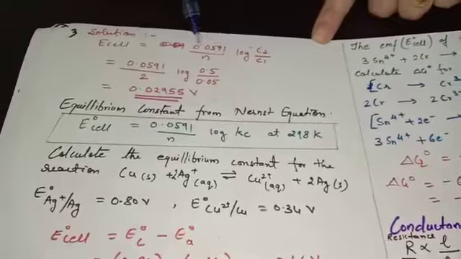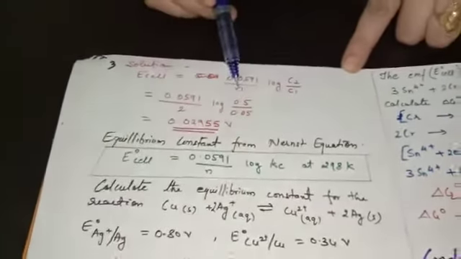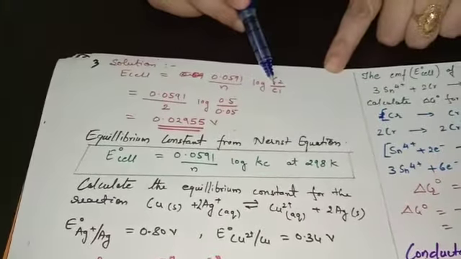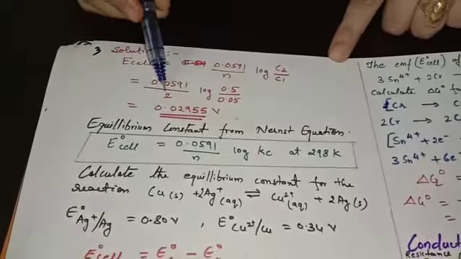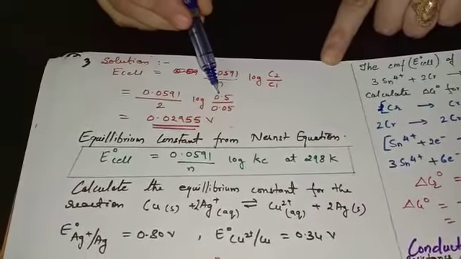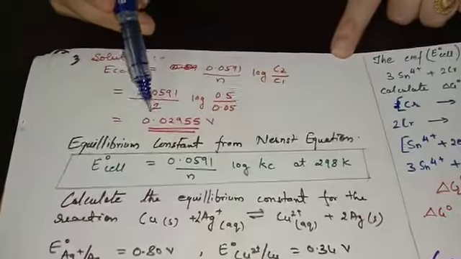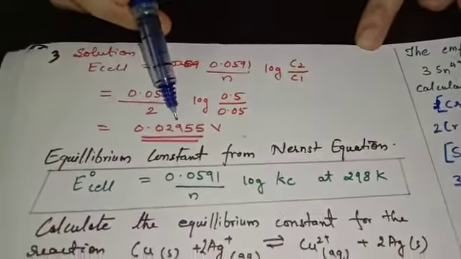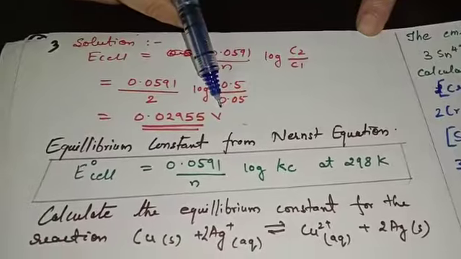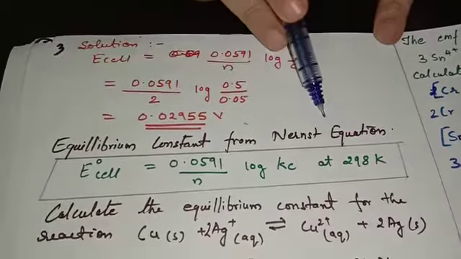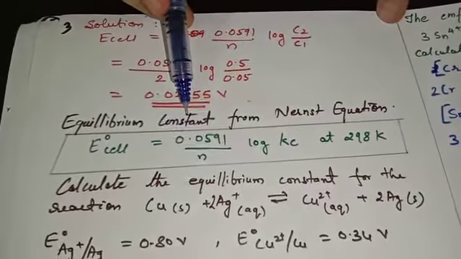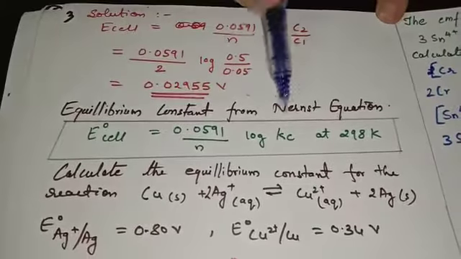The formula is E cell is equal to 0.0591 upon n log C2 upon C1. Now the n value comes to be 2, and in the log you write the concentrations, that is 0.5 divided by 0.05, and the final answer comes to be 0.2955 volt.